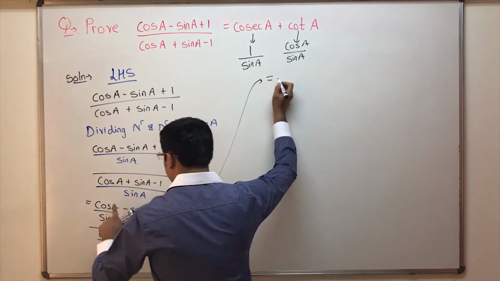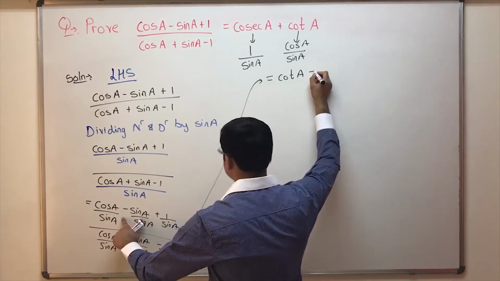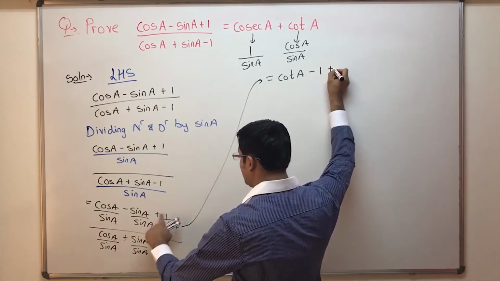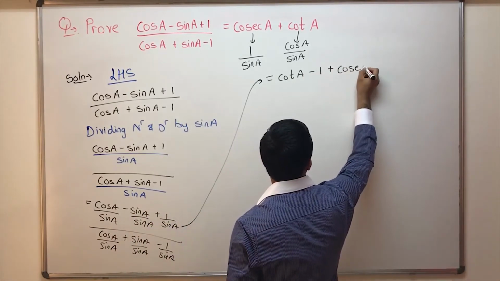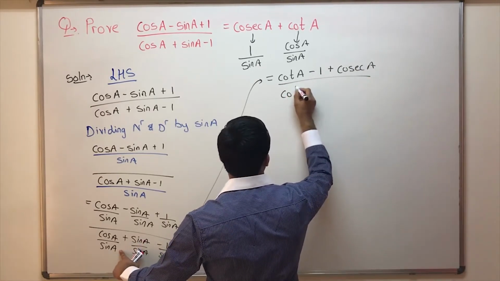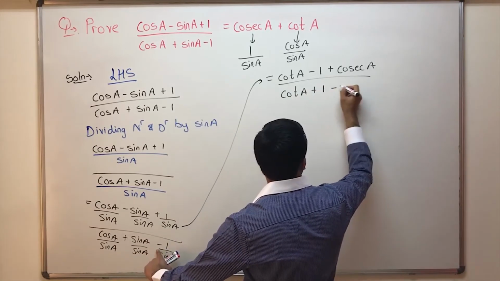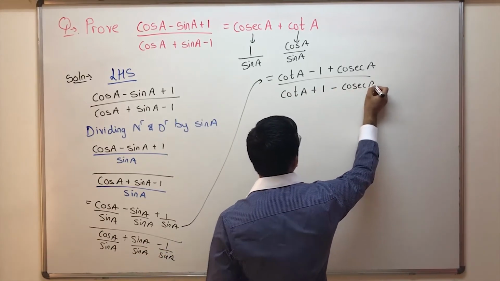So this is equal to cos A by sin A, that is cot A, minus sin A by sin A, that is 1, plus 1 by sin A, that is cosec A, upon cos A by sin A, that is cot A, plus sin A by sin A, that's 1, minus 1 by sin A, that is cosec A.